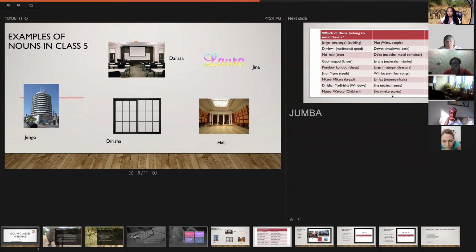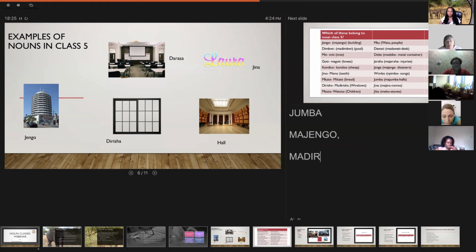Now who wants to guess what the plural for that is going to be? Jengo? Majengo. Majengo. Vizuri sana. Dirisha? Madirisha. Madirisha. Vizuri. So, darasa? Madarasa.